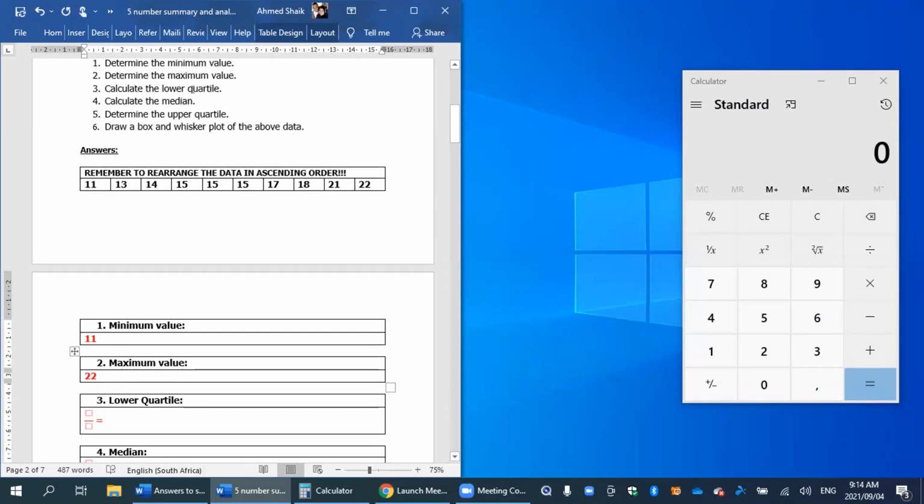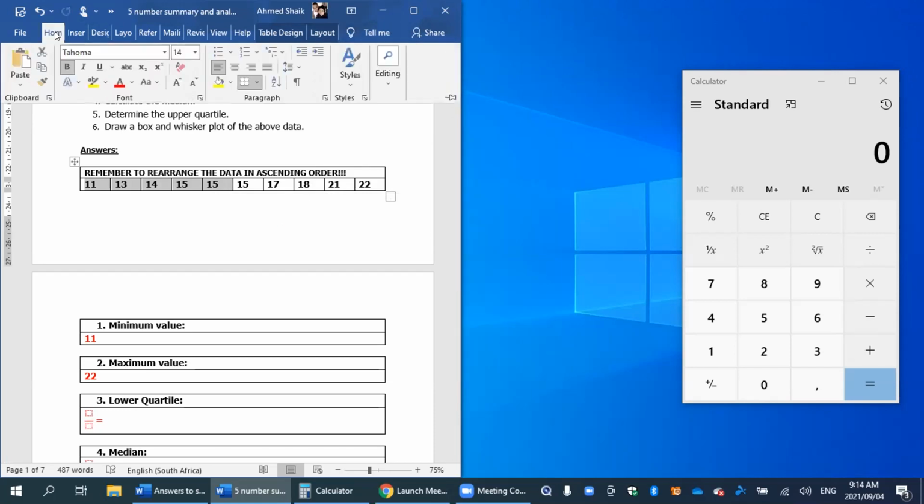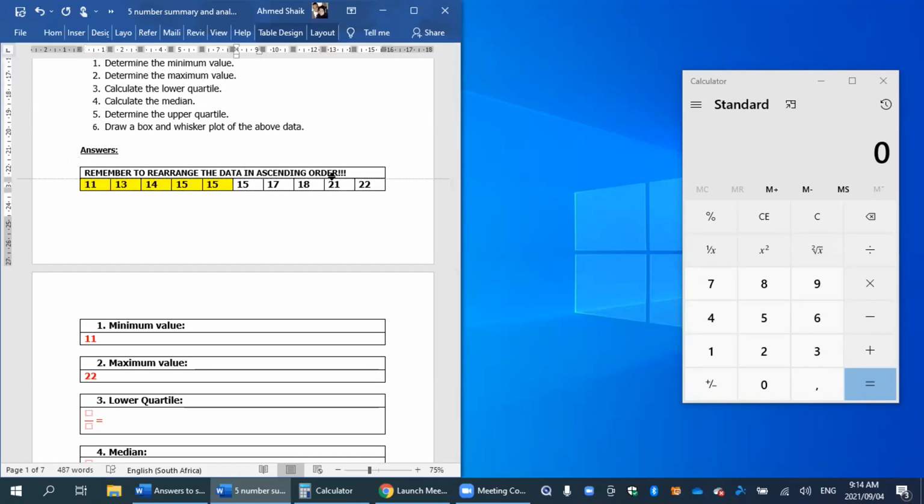Number 3, calculate the lower quartile. Remember, if we're looking at our data set, the first 5 will be representing the lower half, and the second 5 will represent our upper half.